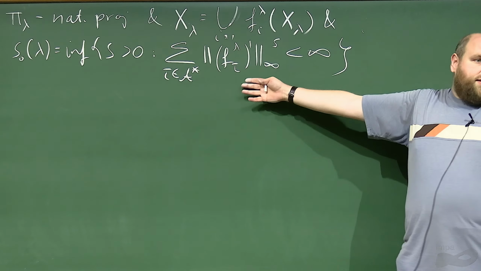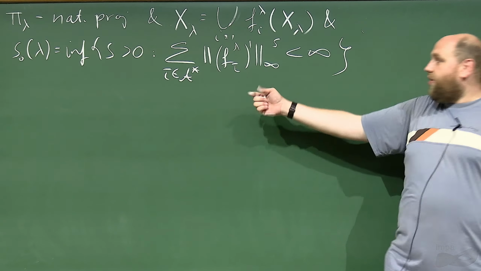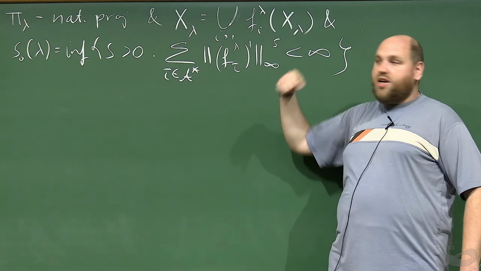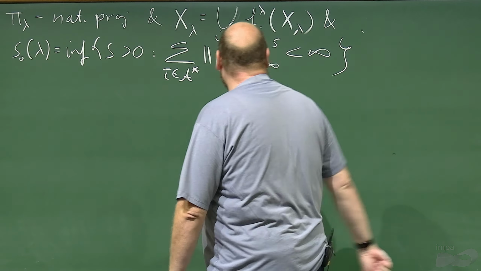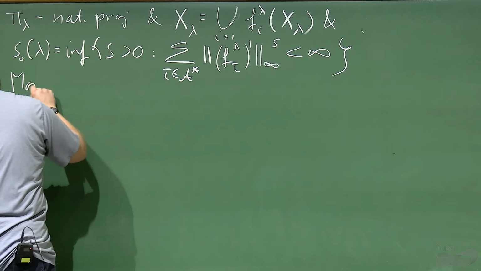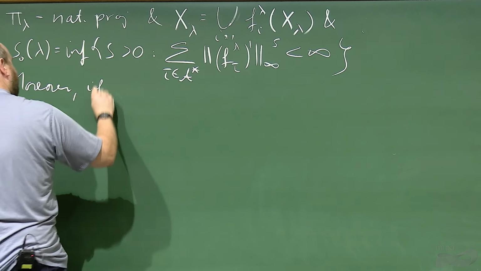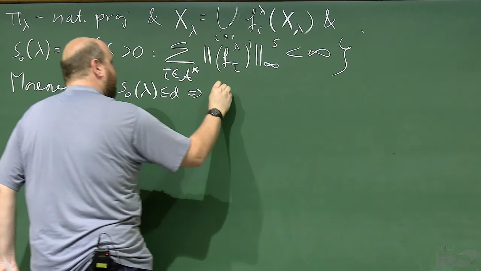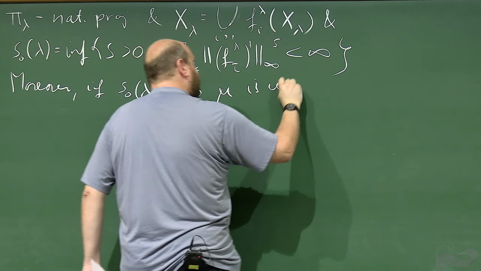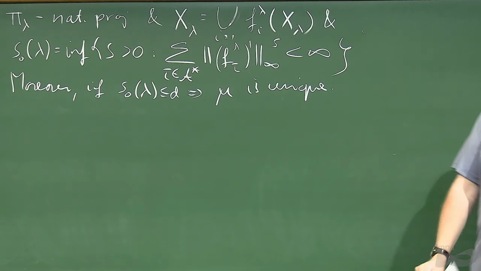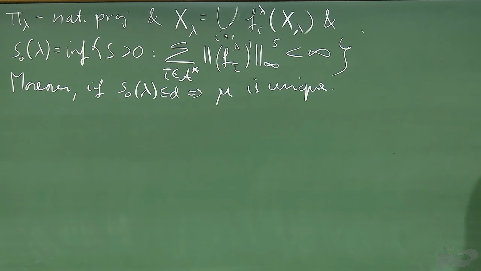This is exactly my dimension with respect to the metric you get from the derivatives on the symbolic space. So this does not drop. Furthermore, if this S naught lambda value is at most d, then this mu measure is unique.